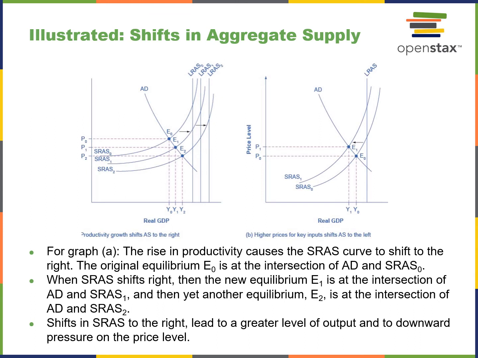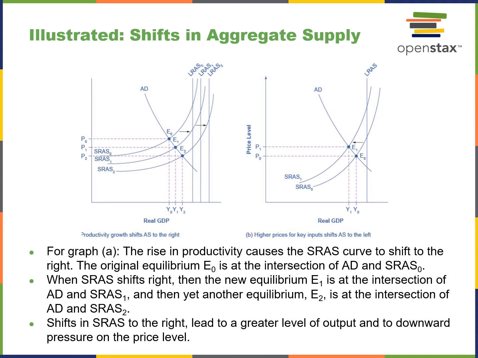So you have two graphs here referring to GDP versus the price levels. The left-hand graph shows if productivity growth shifts the aggregate supply to the right, these would be the different equilibrium points based on each given shift.